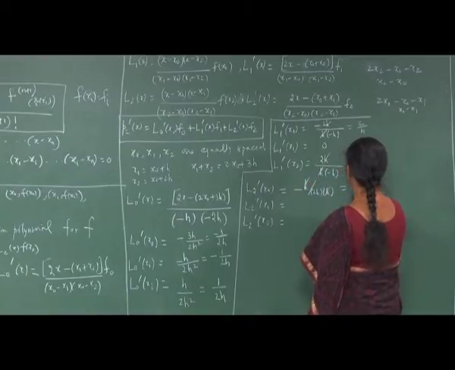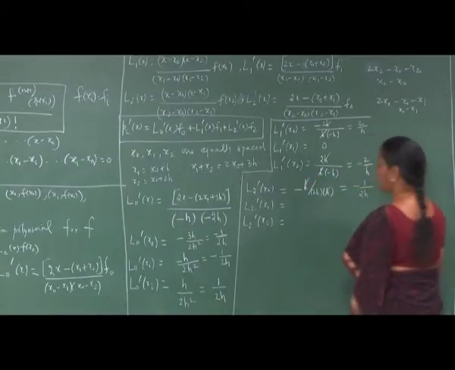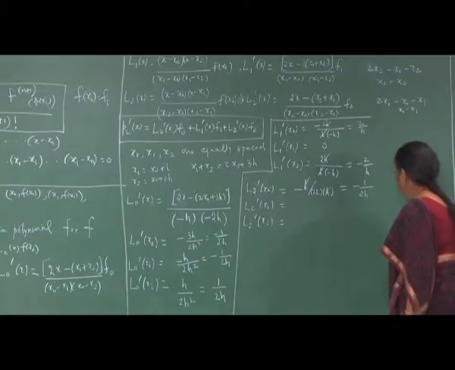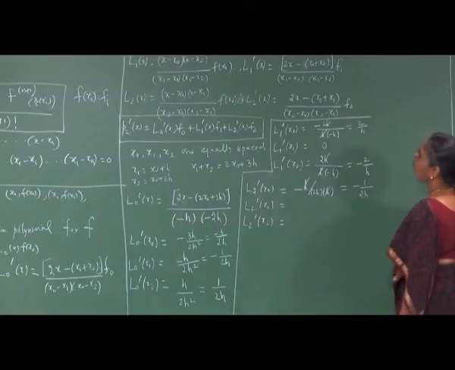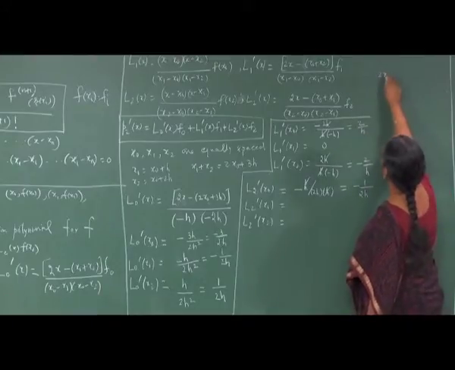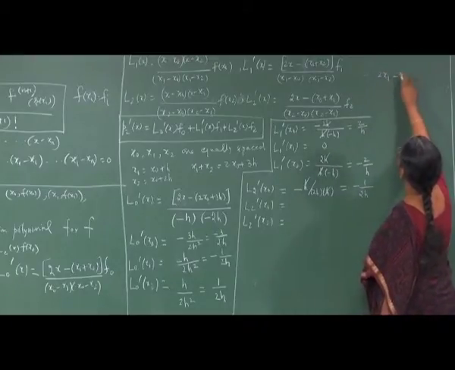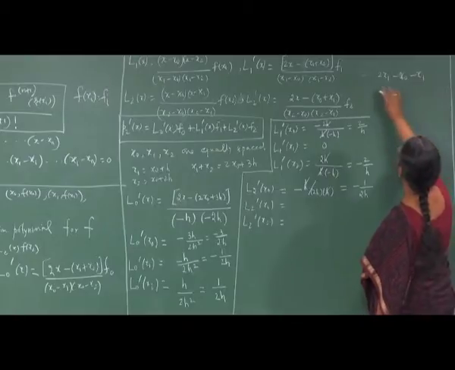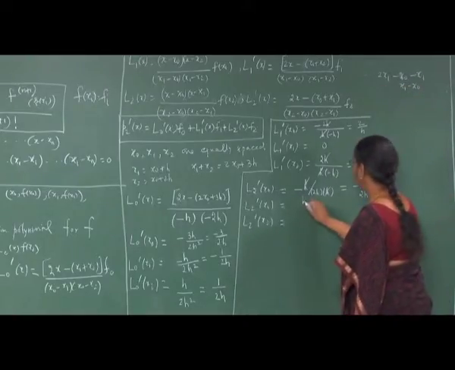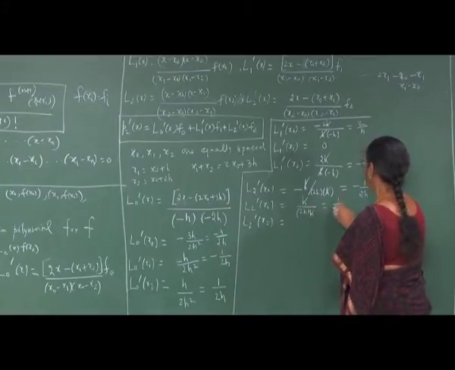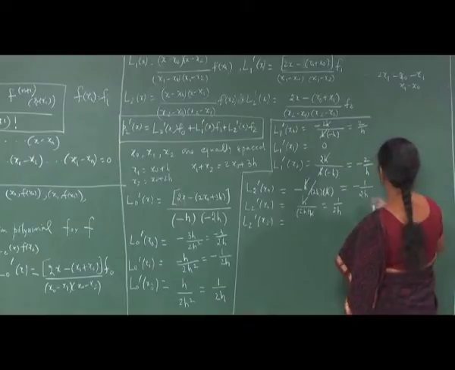So, that gives you minus 1 by 2h. What about L2 dashed at x1? That will give you 2x1 minus x naught minus x1, so it is x1 minus x naught, which is h, by 2h into h. So, it is 1 by 2h.